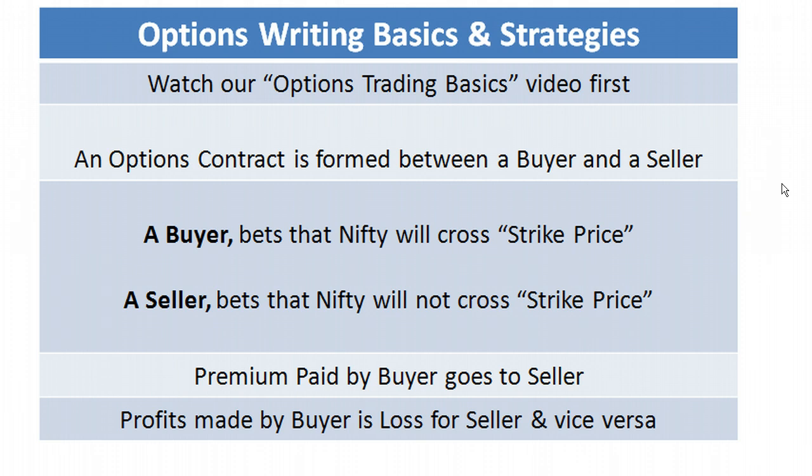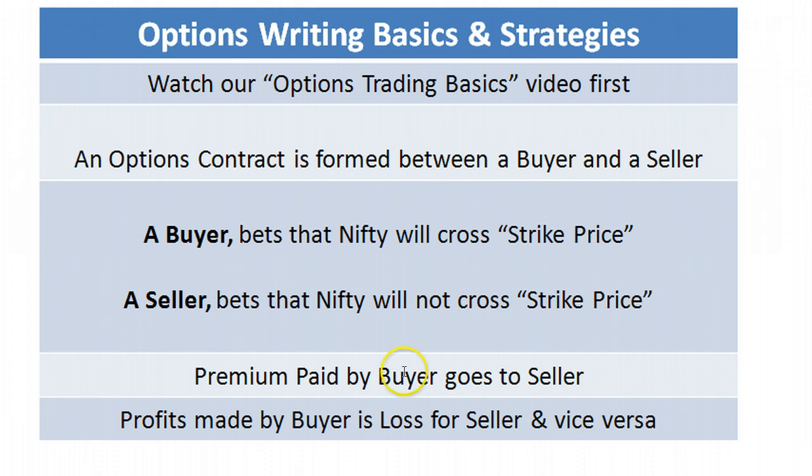So it's more like cricket match betting, wherein one guy can say that Tendulkar will hit 100 in this match and pay, let's say, 100 rupees, and the other guy may be betting that he will not hit 100 today. Based on the outcome, if Tendulkar hits 100, the buyer will win and the seller will lose, and if he does not hit 100, then the seller wins and the buyer loses.